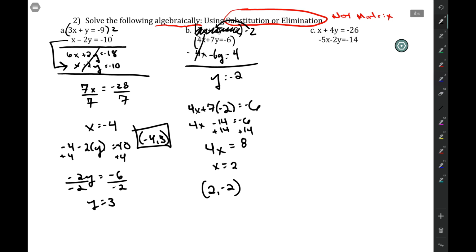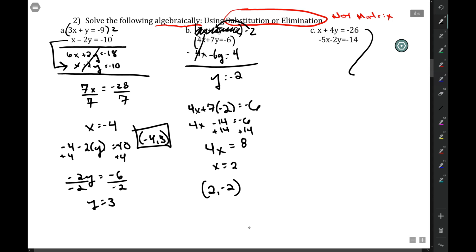Let's see, last one here. Let's just do a substitution. So I like x by itself. X then is negative 4y minus 26. We will substitute it into x here, making negative 5 times negative 4y minus 26.